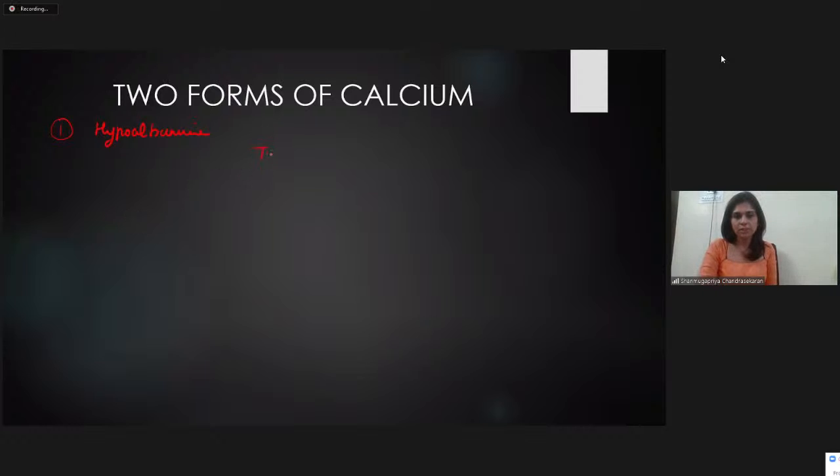In this condition, for a given total calcium, when there is hypoalbuminemia, the bound fraction decreases. When the bound fraction decreases, there is going to be an increase in the ionized calcium, right? This is the form which regulates parathormone release. And whenever there is an increase in ionized calcium, parathormone secretion is suppressed.